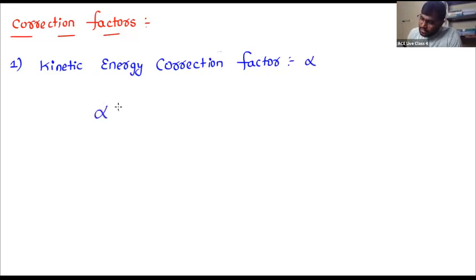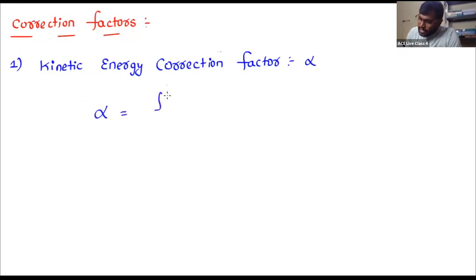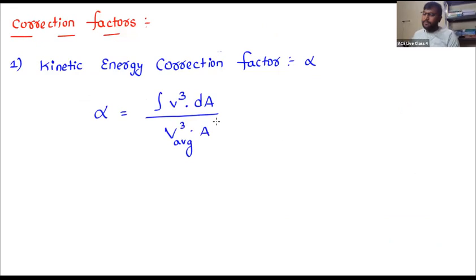So what is alpha here is, whatever the variation, the distribution has some variation or not. Yes. Now again, for the same element, you integrate: alpha is the integral of V cube dA divided by V average cube into A.